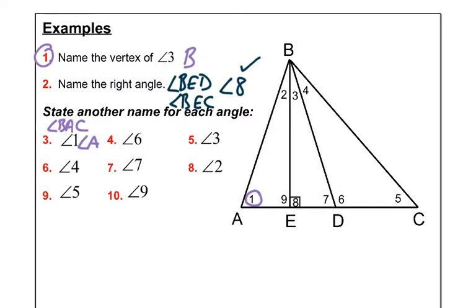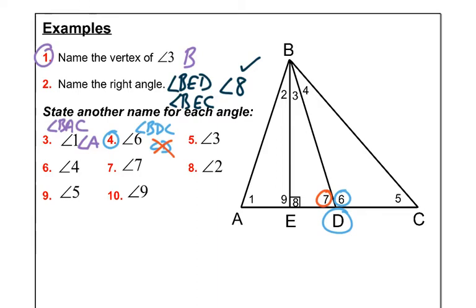Okay, let's try angle 6 over here. Can we name that? I could call that angle BDC, or backwards, CDB. And that's it. I can't call angle 6 just angle D. Even though that is the vertex, I can't say this is angle D, and the reason is, D is also being used for another angle over here.